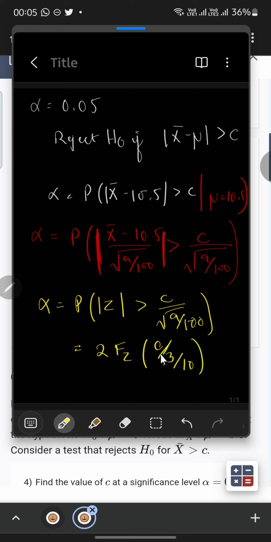I hope you get my point here, right? We can write root of 9 by 100 as 3 by 10. So this would be equal to 0.05.